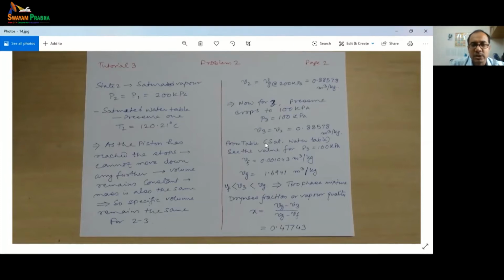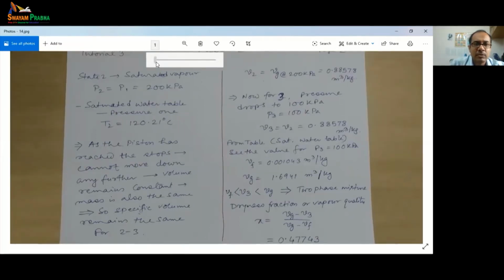Now from the table itself we can see that V2 will be the vapor specific volume at 200 kPa. Let's look up the value.